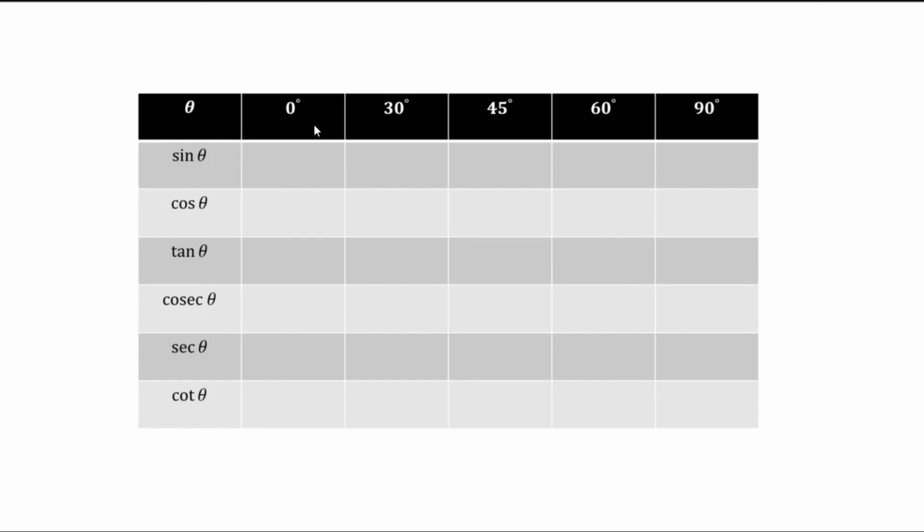Let's see how we can directly get the values. Make a table, write down these numbers, starting from 0 and going till 4, which corresponds to 0 to 90. Now divide everything by 4.